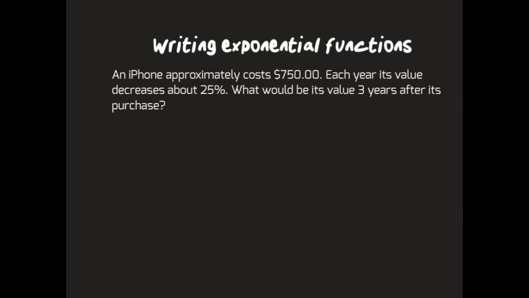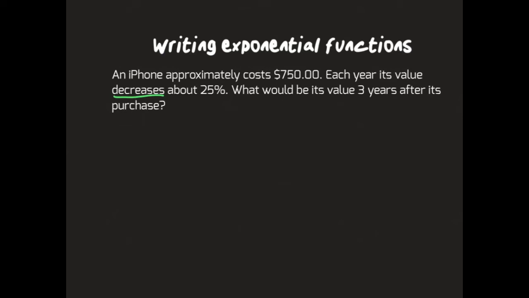Why? Because the decrease that they're talking about in my problem happens each year at 25%, which means that even though it is always 25%, it's not the same amount. Because 25% of the first year's value is going to be more than 25% of the second year's value, so it will be changing.